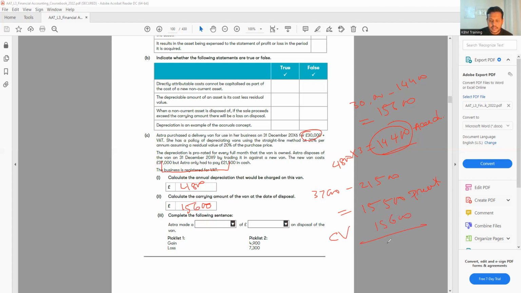So we can see the difference is 100, and this is basically the loss, 100. But you can see we don't have 100 in the pick list, because this is wrong.